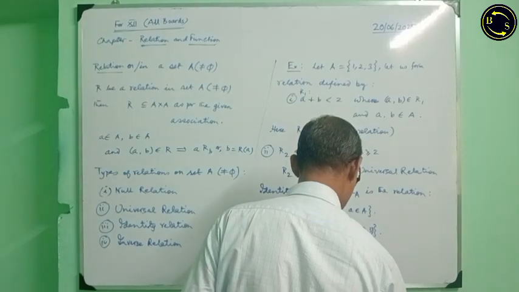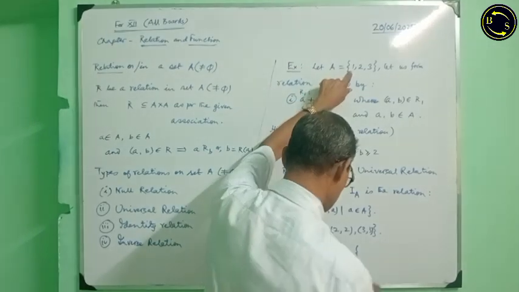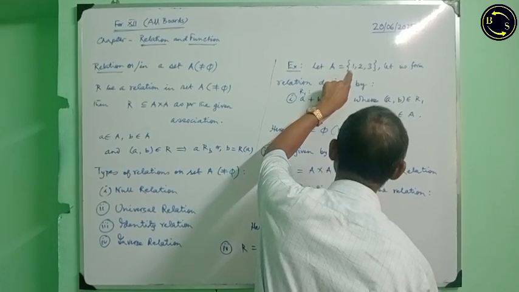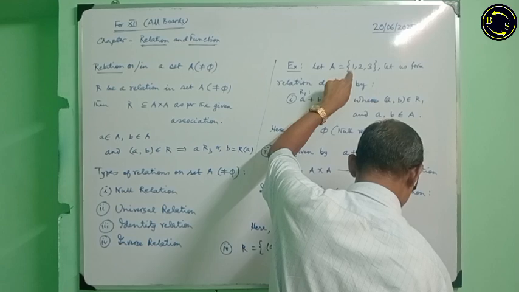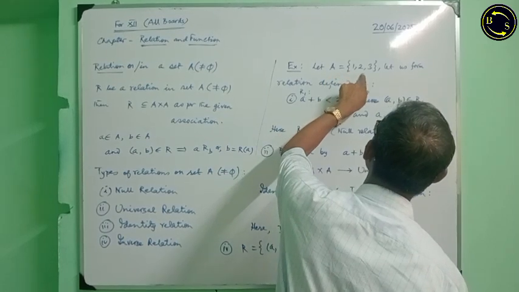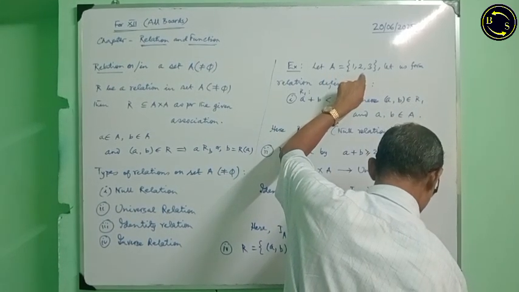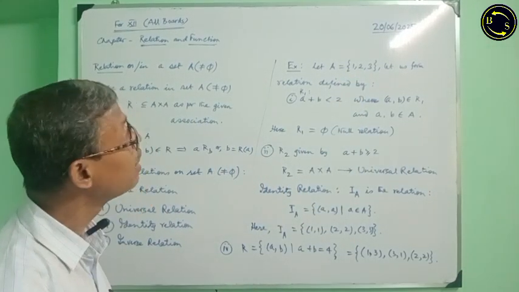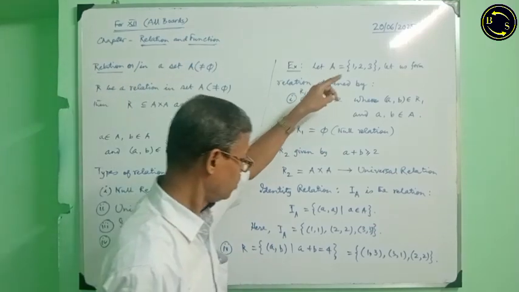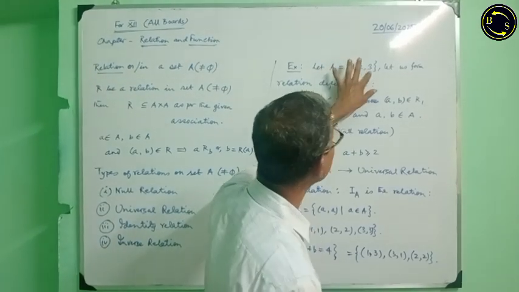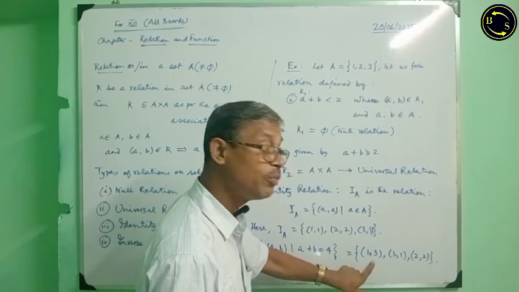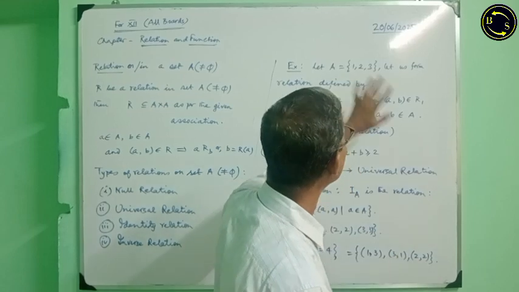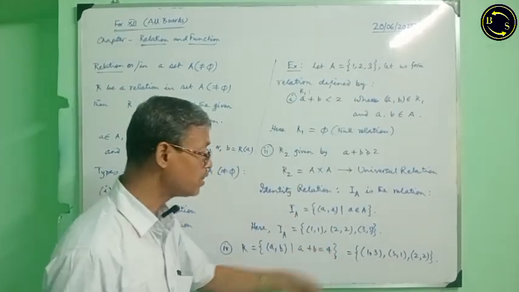That will be equal to, we consider first 1, then we get the ordered pair 1, 3, then 3, 1, then 2, 2. You check. The sum of 1 and 3 is 4. Therefore, one ordered pair will be 1, 3. Then the other will be 3, 1. Then 2 plus 2 is 4. Therefore, this relation is this one.